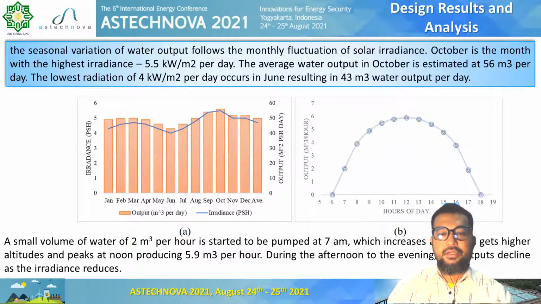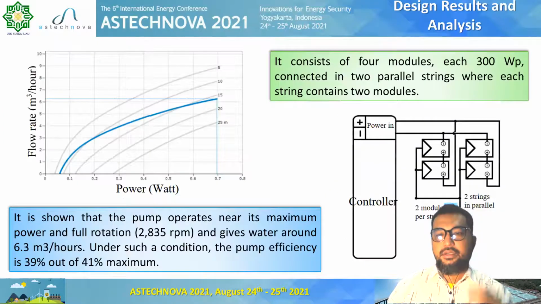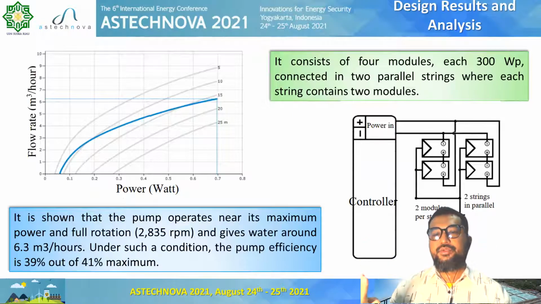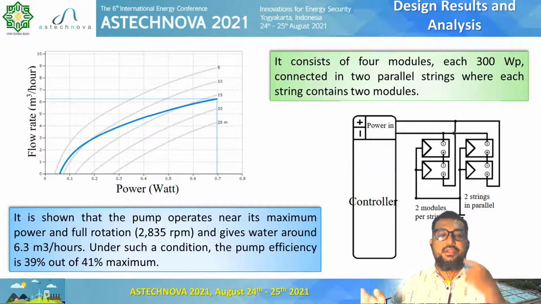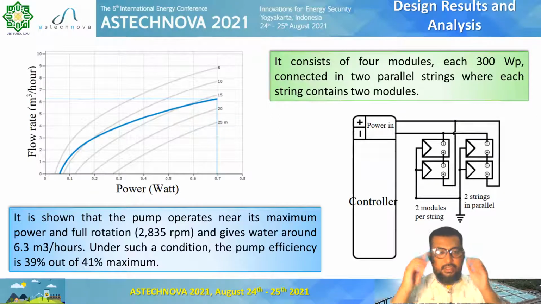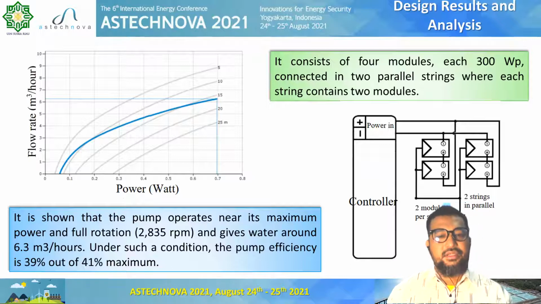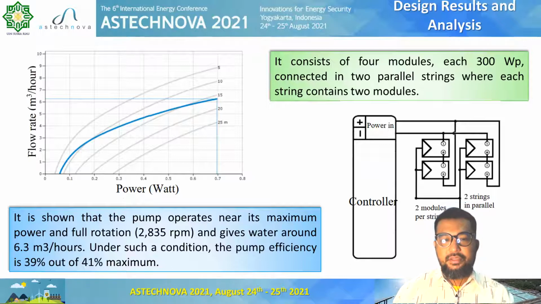The PV array is 4 PV panels, 2 parallel and 2 series. And the result can give water around 6.3 cubic meters per hour. This efficiency is very good. It's 39% out of 41% of maximum.